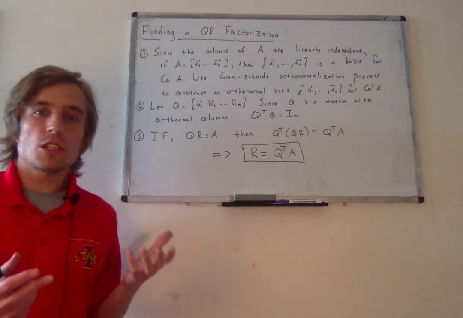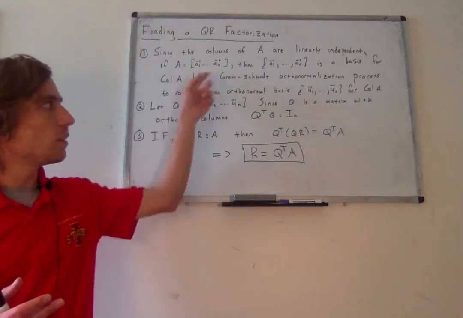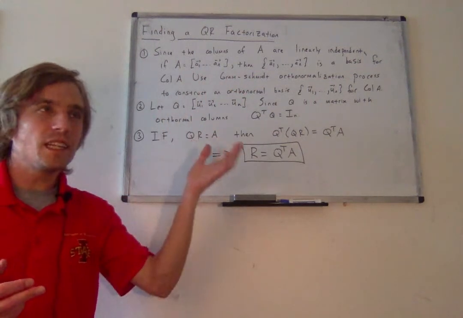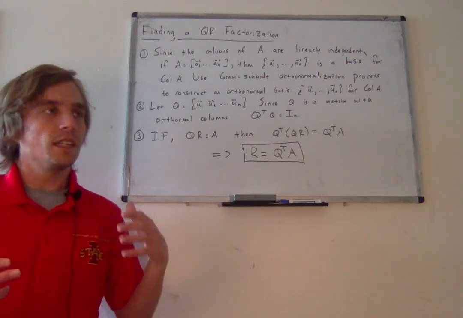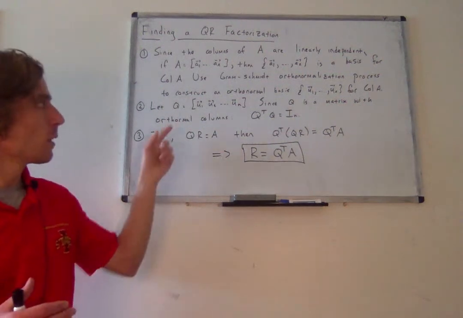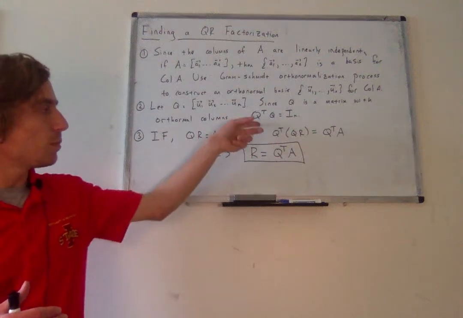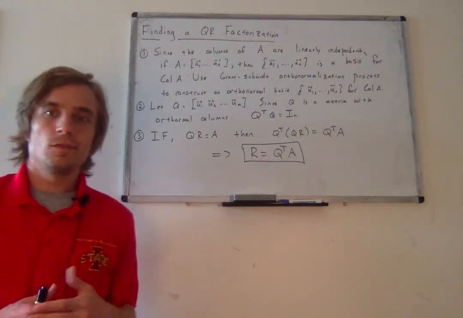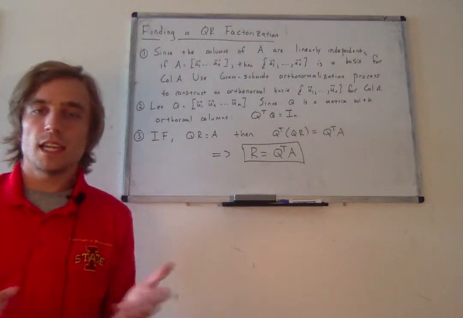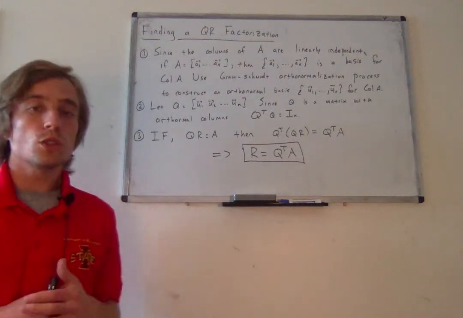This seems like something that should be very hard to find, but Gram-Schmidt, as we saw, is lengthy, but relatively straightforward. And it's kind of cool that because Q satisfies this property here, you can just find R at the end without having to do much work.